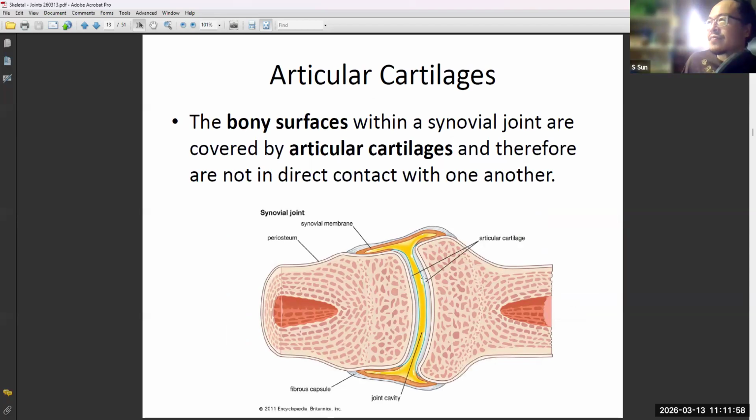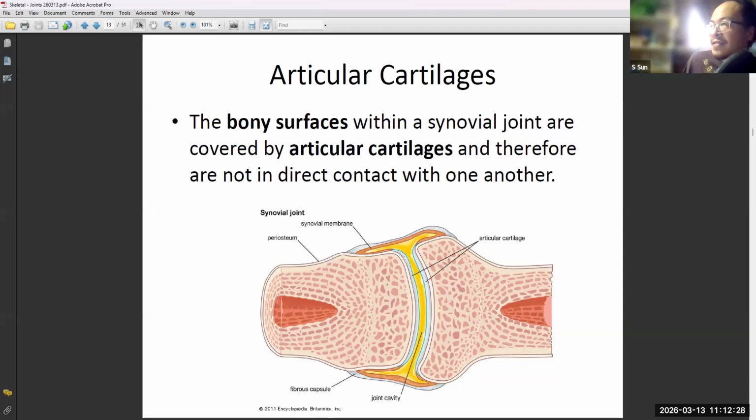Here is the outer membrane. The outer membrane is the fibrous membrane, also called the fibrous capsule. The inner membrane is called the synovial membrane. And this is the bone. The outer layer of the bone is called periosteum.